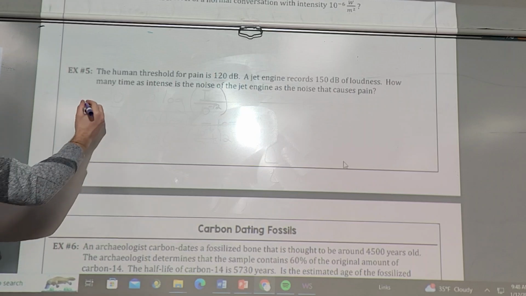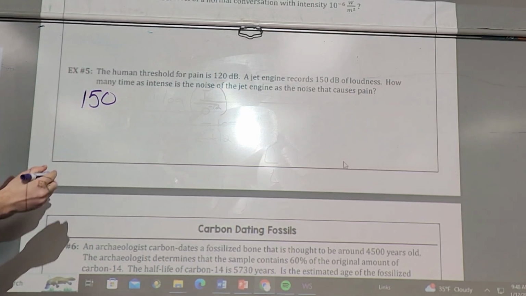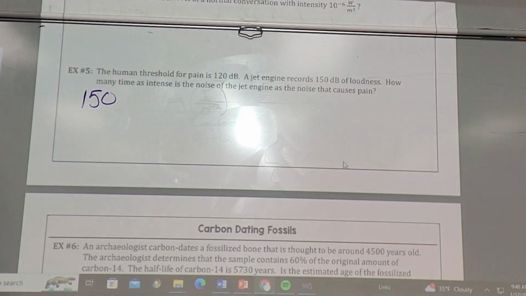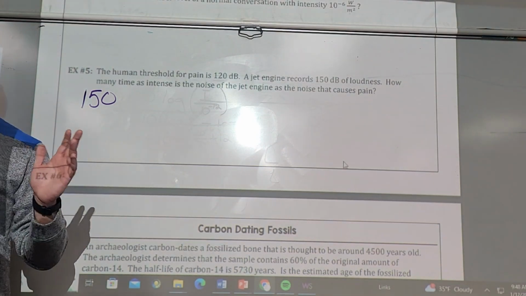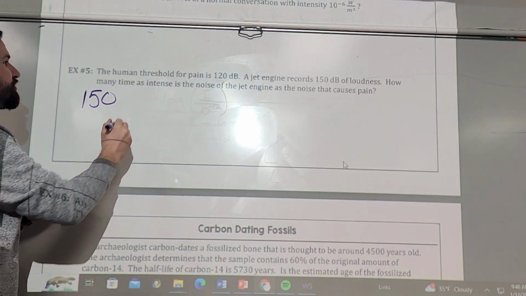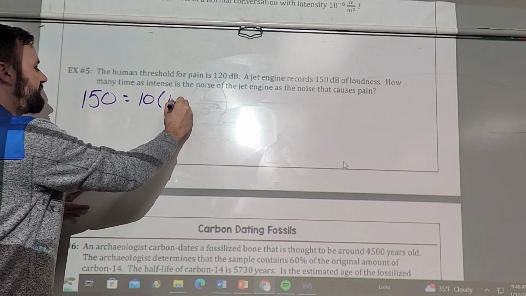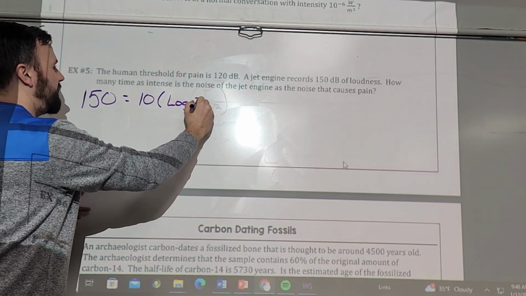All right. We have to do it all again. But can I show you something? Can I skip a whole bunch of steps? I'm going to jump right ahead to this equation right here.